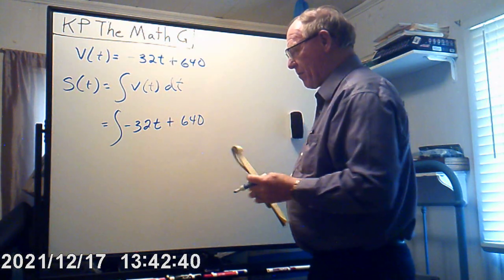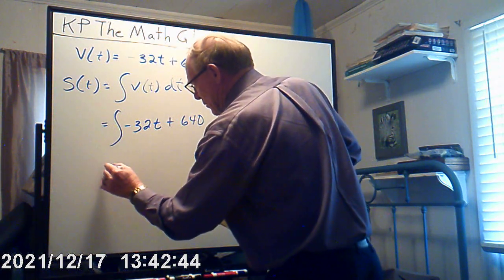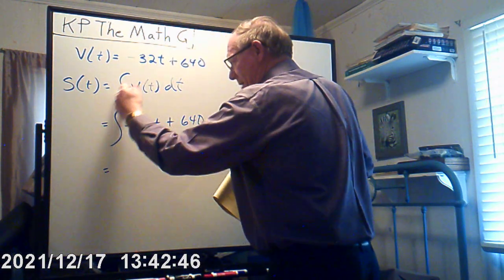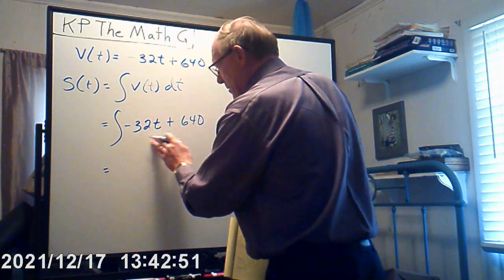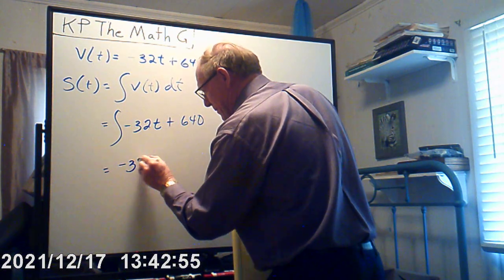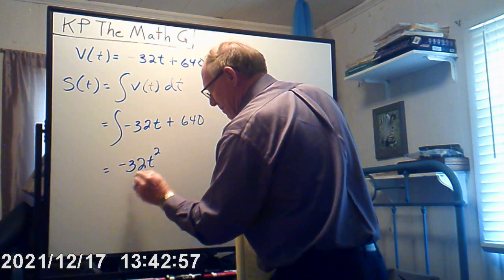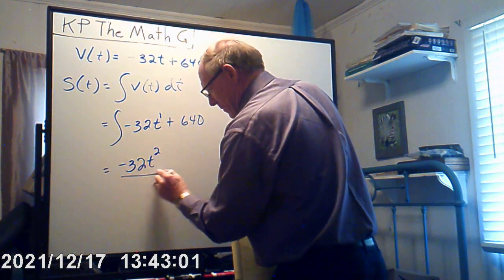So let's figure out what this is now. This is going to be equal to, now we're integrating. We don't need the integral symbol anymore. So let's see, negative 32 t squared. Remember, when t is to the 1, we add 1 to it, and we divide by 2.